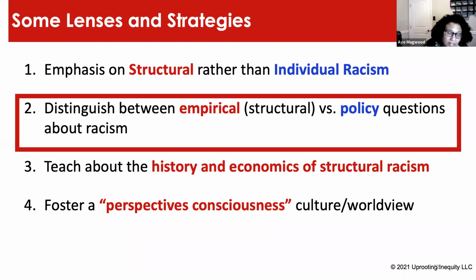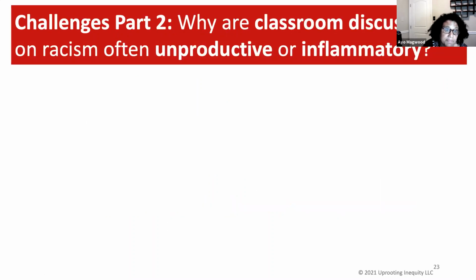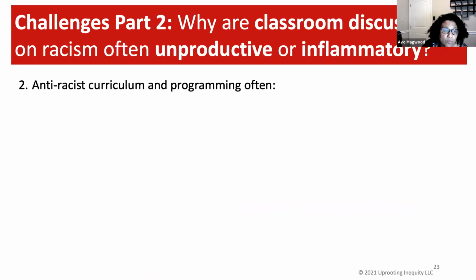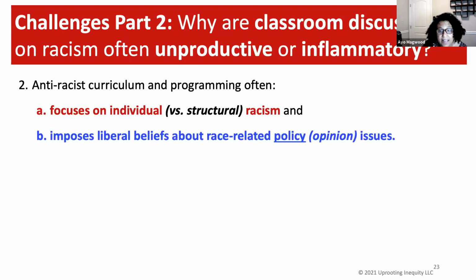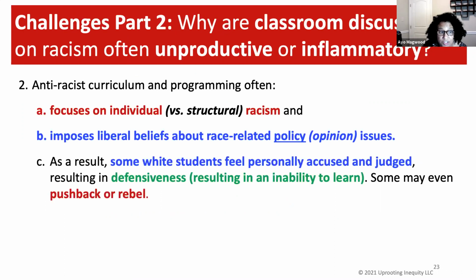Okay, so next, and these four overlap, so I'll be deepening your understanding. The next way to do that is to distinguish between empirical versus policy questions about racism. Our anti-racism curriculum and programming often focuses on individual versus structural racism. And to be very honest, when we do that, we often impose liberal beliefs about race-related policy opinion issues.